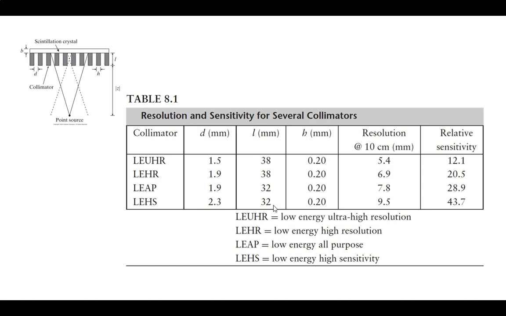So when we look at the collimators that's in here, I had mentioned that it gives you depth. That's really what the little picture in the upper thing is doing. You see there's a particular width of the opening and a width of the thing. So they call them D and H, right? The scintillator is B, and how deep it is into the collimator is that little L. So you basically end up with a triangle that is D by L. You can kind of see the dotted lines coming out or the solid lines.